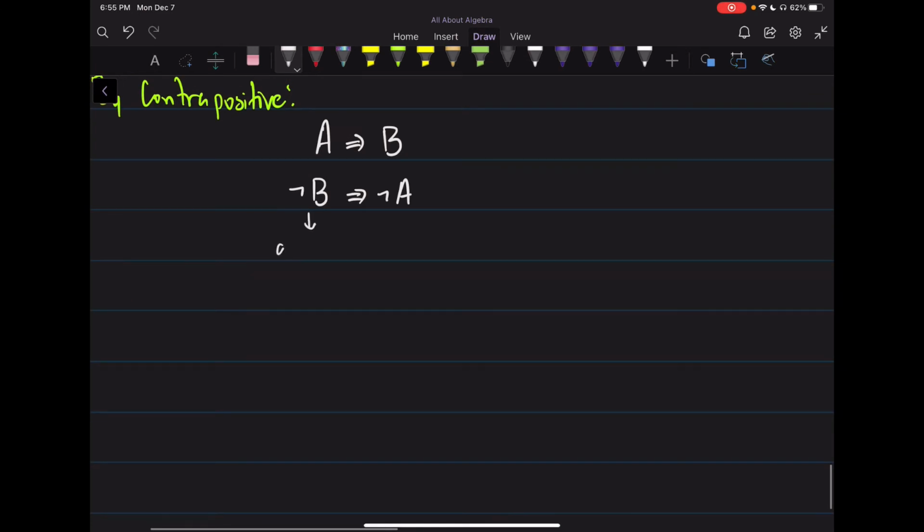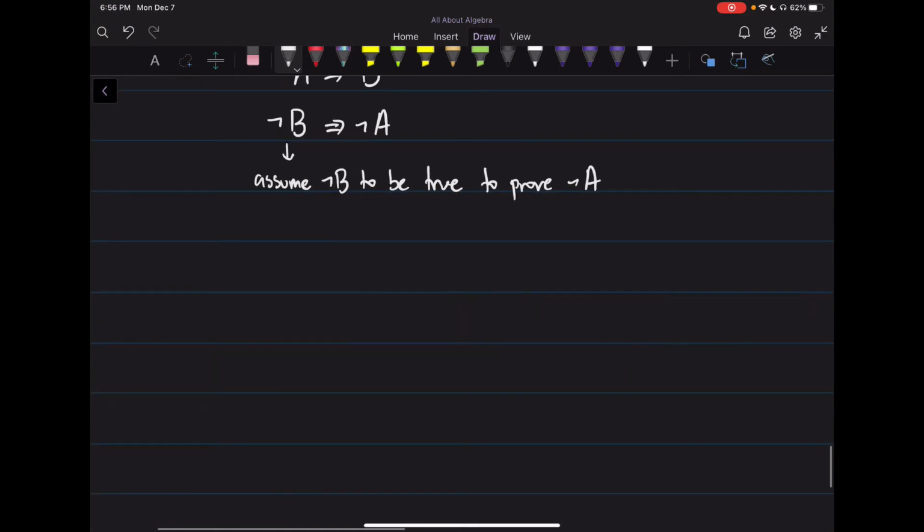So we can assume negation B to be true to prove negation A. And from before, if the contrapositive is true, the original is true.